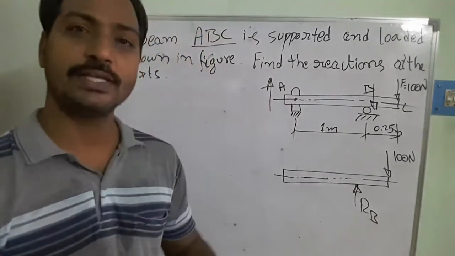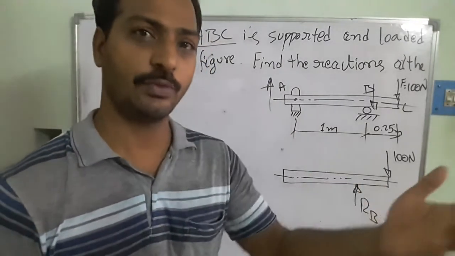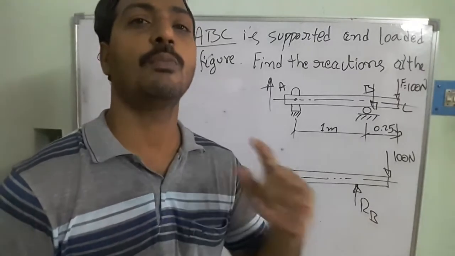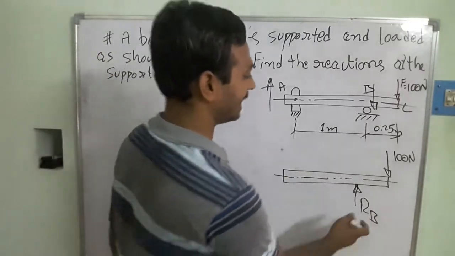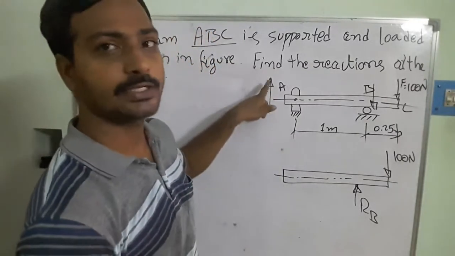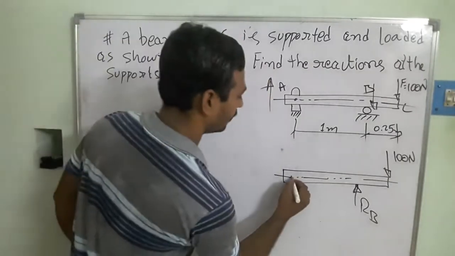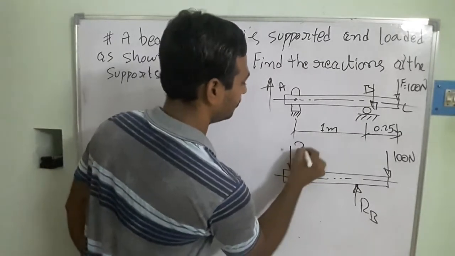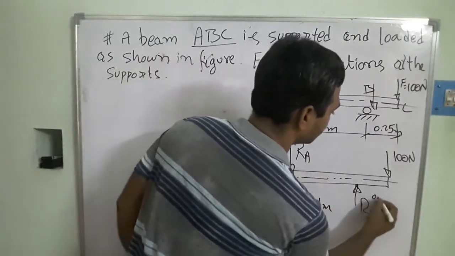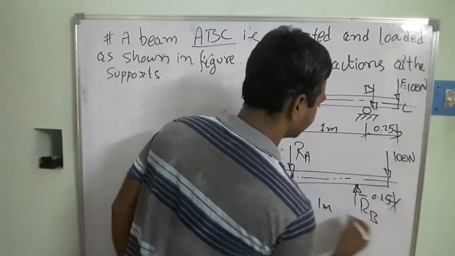That means the reaction forces always oppose the motion of the body; we are providing constraints to the motion of that body. So this is RB. The motion at A is upward, so we need to show the reaction in the downward direction. So this is your RA. The distance between these two is 1 meter, and 0.25 meters is the other distance.